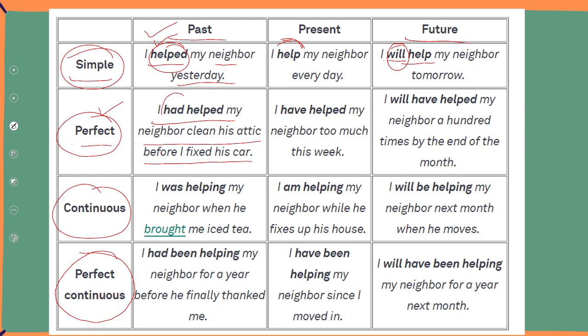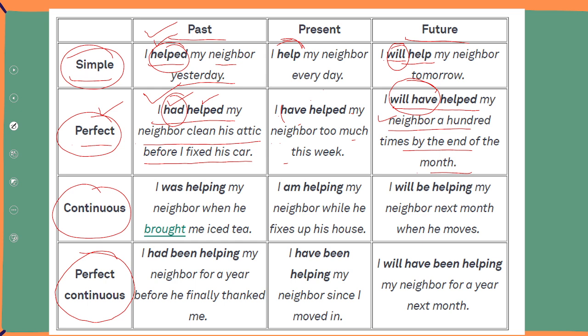So you'll use had with the past participle of the verb help. Then for present, I have helped my neighbor too much this week. For future, I will have helped my neighbor 100 times by the end of the month. Now, will have. Here we have, and for the past, had is used.